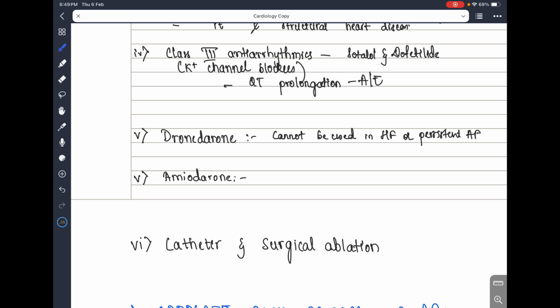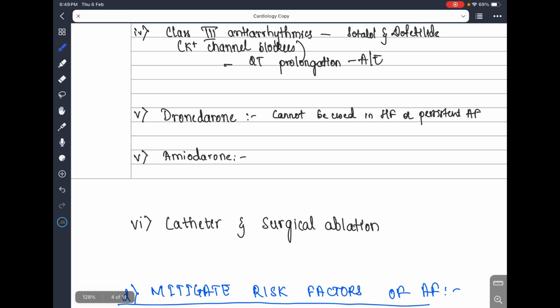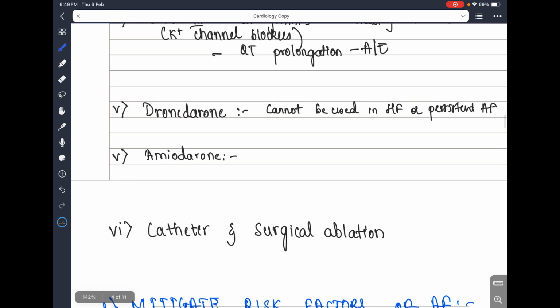Now don't remember the details, just remember the name, dronedarone. Amiodarone is very, very important. Now, which were the first two? Beta blockers, calcium channel blockers, you can use class 1 antiarrhythmics, you can also use class 3 antiarrhythmics, and another option was dronedarone. Then you can also use amiodarone.